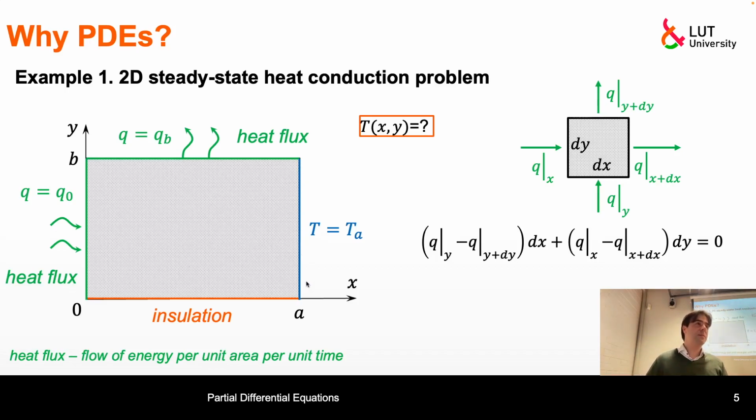It's more or less feasible depending on the accuracy that you are looking at. Then one side is insulated, so there is no heat propagation across this line. And suppose there is inflow of heat from the left side and outflow of heat from the top side on my picture.